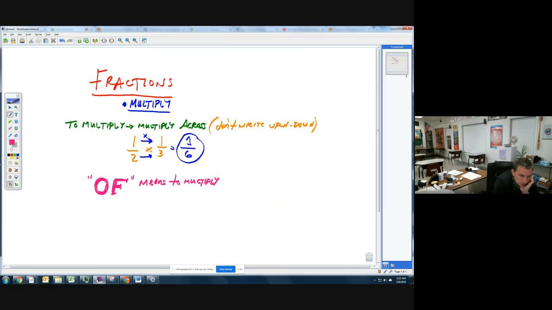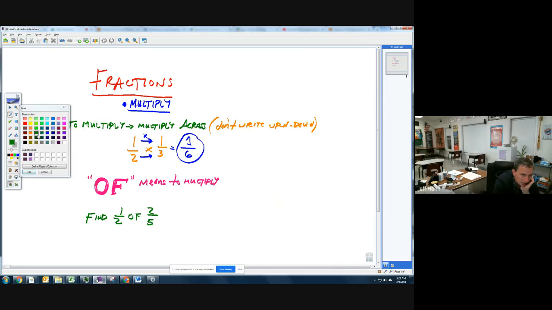In other words, if I said find 1/2 of 2/5, to find 1/2 of 2/5, this word "of" just means multiply.